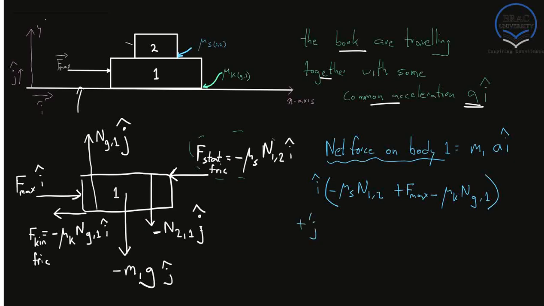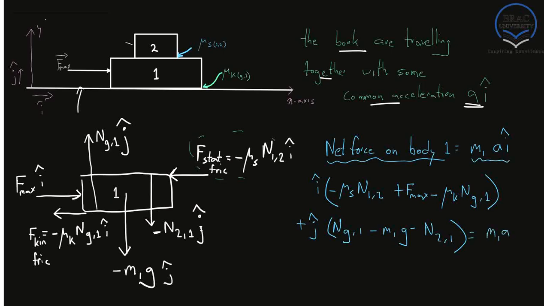Then with j hat, we have N g1. We have minus m1g from the weight, and we also have minus N21. And we have this equal to m1 a i hat.